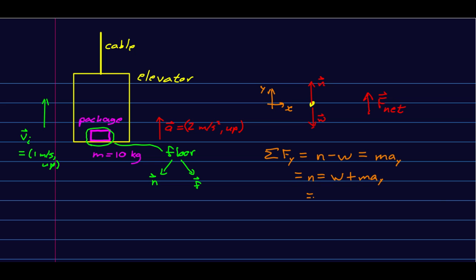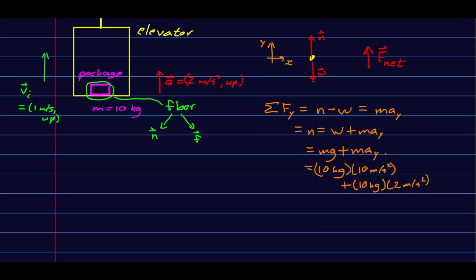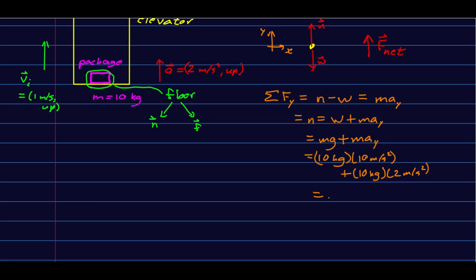Oh, okay, well, that's not mg, because this is mg plus may, and so that is our 10 kilograms times our 10 meters per second squared plus our 10 kilograms times our 2 meters per second squared. And so that's 100 plus 20, that's 120 newtons, whereas mg would have been just 100 newtons.